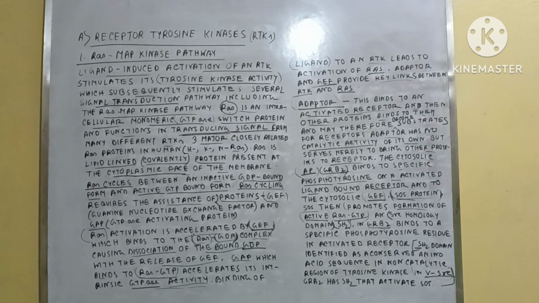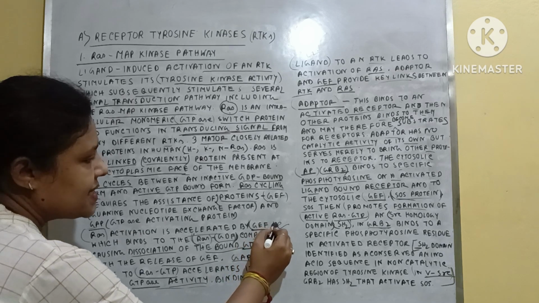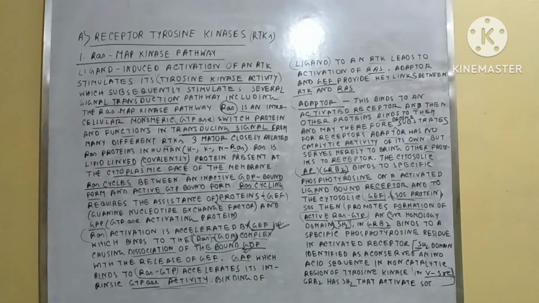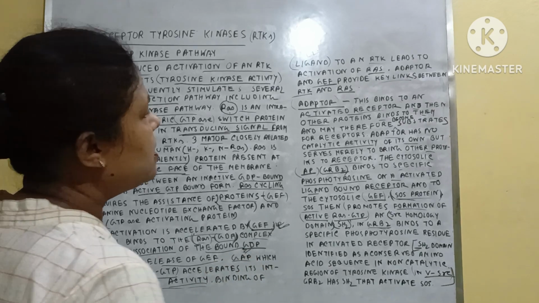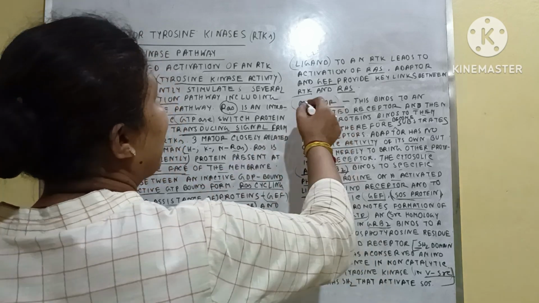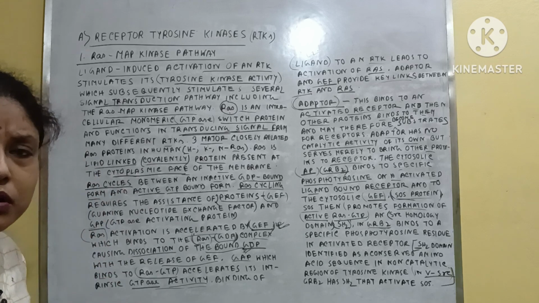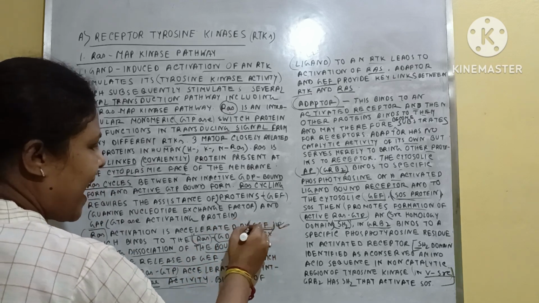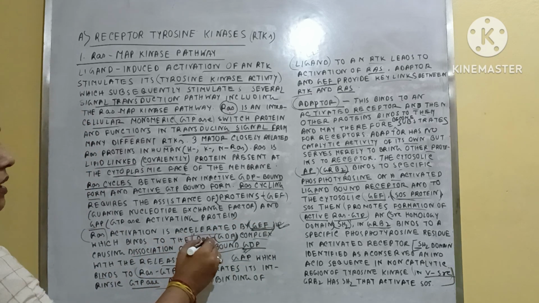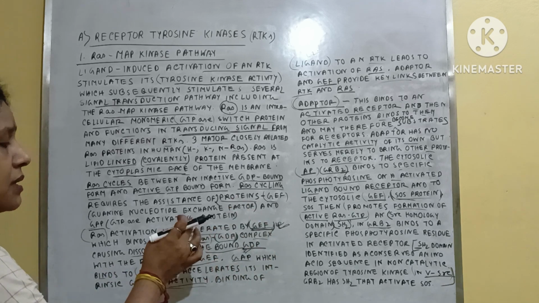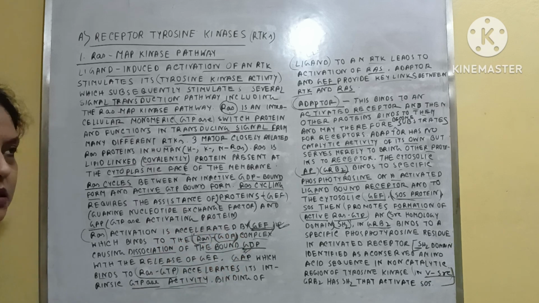So here the important thing is that GEF has an important role, and GAP has an important role, and another important role is the adapter protein. Because you have to remember that GEF binds with the RAS-GTP to dissociate the complex or the bond that is formed with the RAS-GTP.